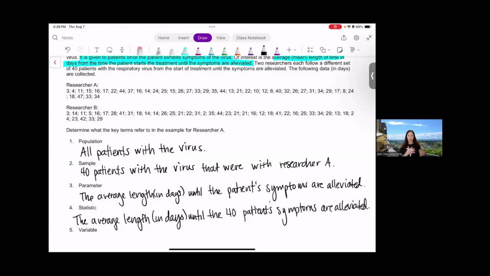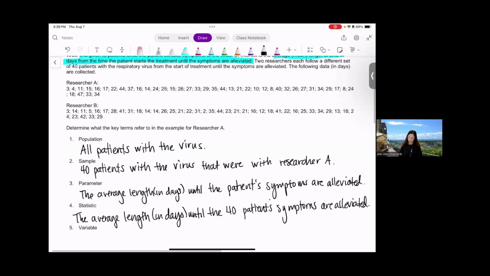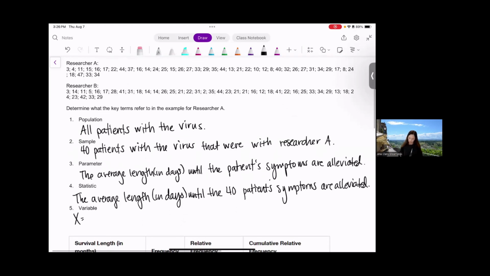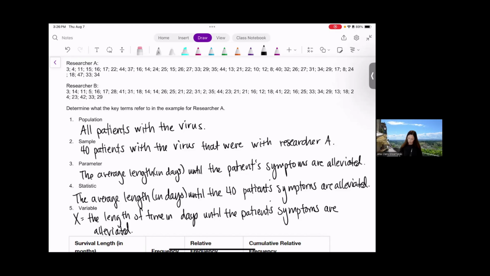Now, the variable is the length of time in days that the patient lives with the virus until the symptoms are alleviated. If you notice, 3, 4, and 5 seem very similar.